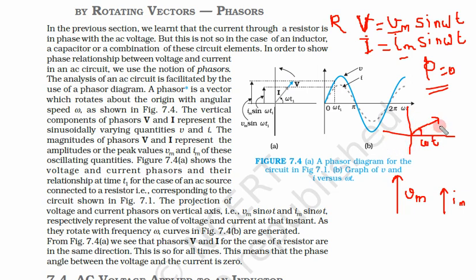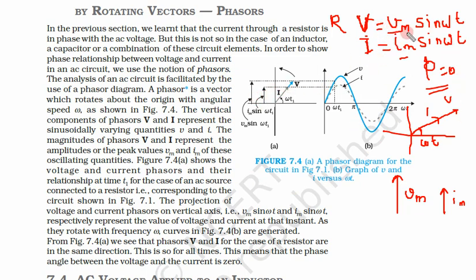If this is I, this will be V. Both must be in the same direction because the phase here is 0. So a phasor is a way of representing these equations in graphical form.